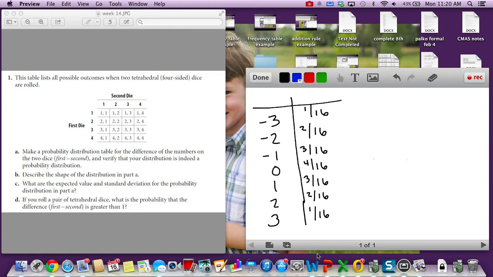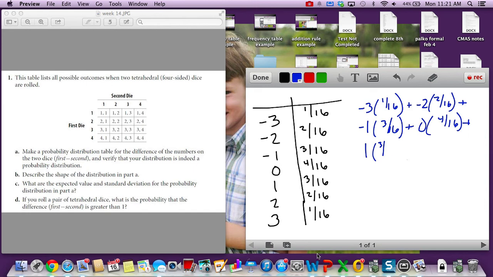So we have -3 times 1 over 16 plus -2 times 2 over 16 plus -1 times 3 over 16 plus 0 times 4 over 16 plus +1 times 3 over 16 plus +2 times 2 over 16 plus +3 times 1 over 16.